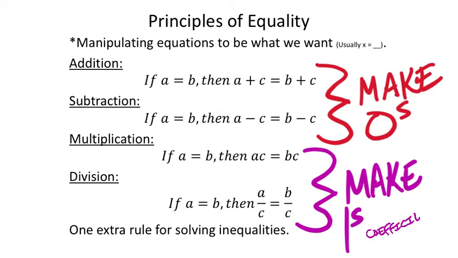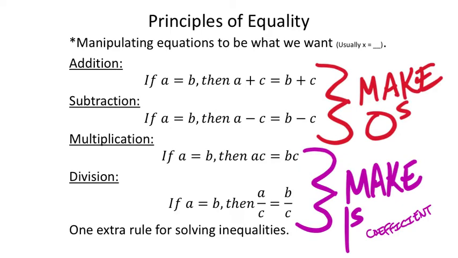Just like we saw on the bell work, when we need the coefficient to be a 1, we generally use division to make the coefficients of the variable phantom ones. And that's why we're looking at zeros and ones right here, because zeros and ones become phantom values. Zeros with addition and subtraction, and then ones become phantom ones with multiplication or division.